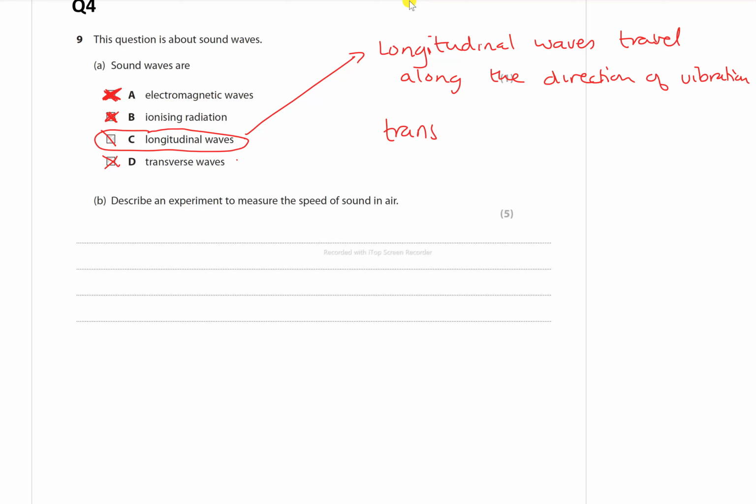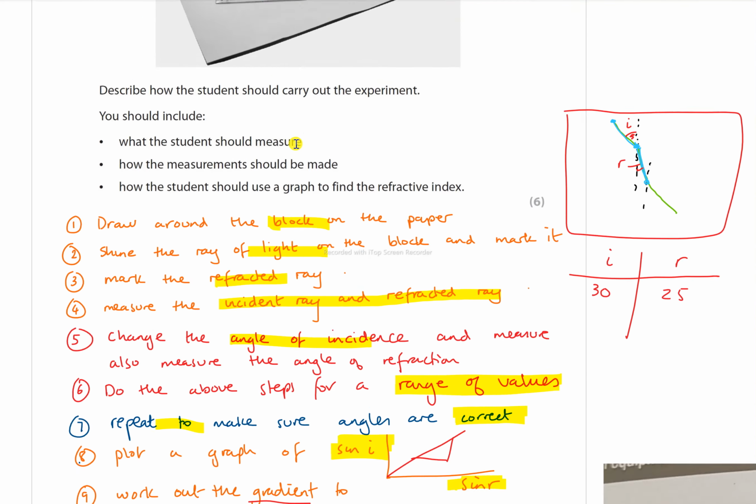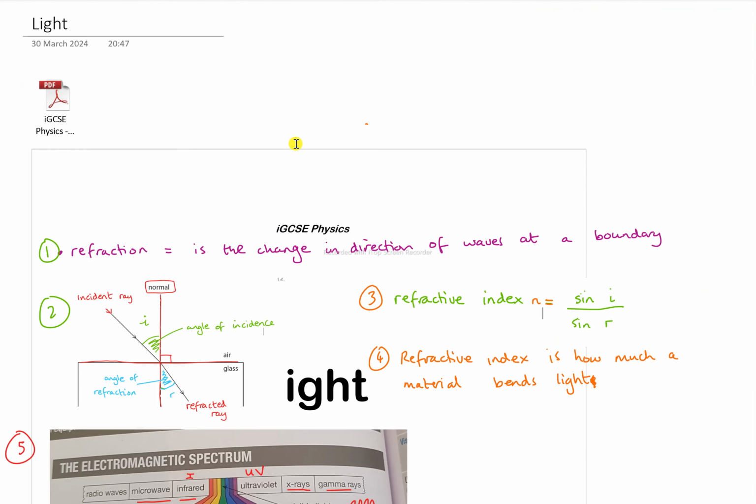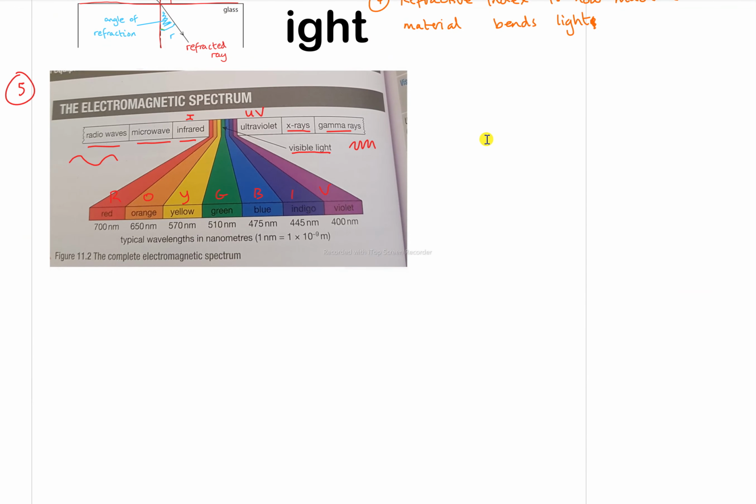Right, so what I'm going to do is I'm going to write that up there, because that's always useful to have in our heads. So number 5, number 6. Longitudinal waves. Right, we need to get this right.